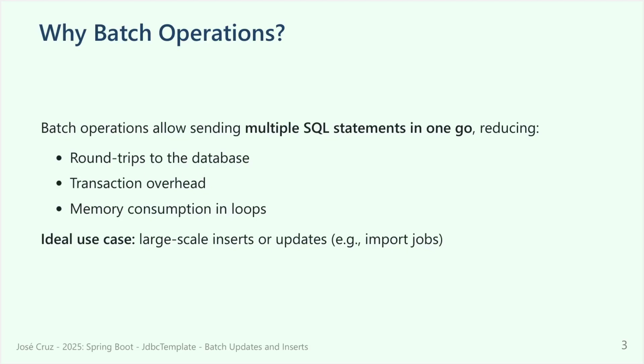And of course you will have less transaction overhead, meaning that rather than 1000 transactions, you only have one. And you have other advantages like memory consumption in loops. It's an ideal use case when you have large scale inserts or updates, usually associated with import jobs.